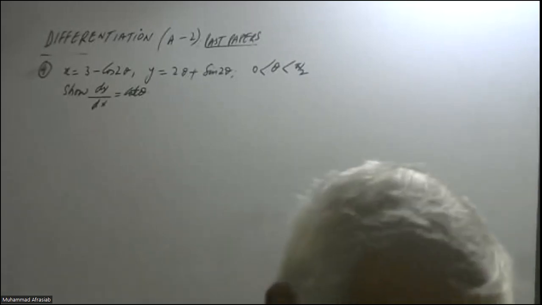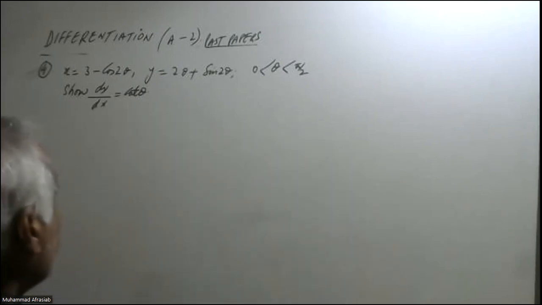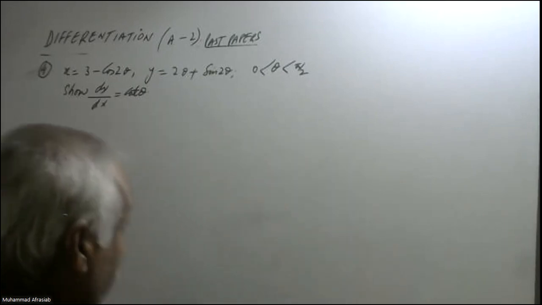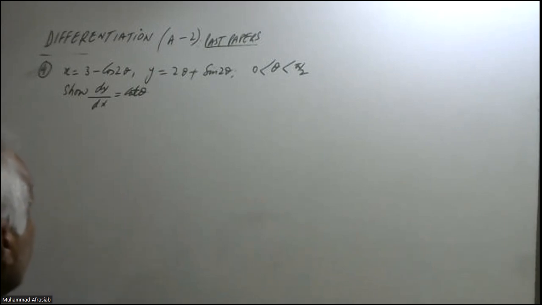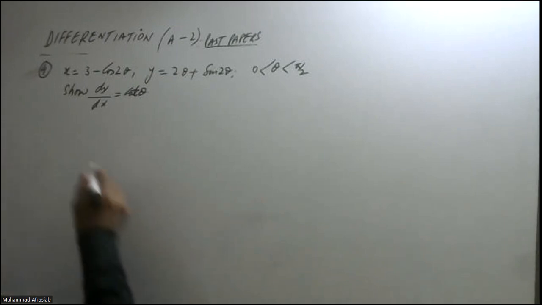Since these two equations are parametric equations, parametric means that the two variables x and y depend upon the variable θ. That is why they are called parametric equations.